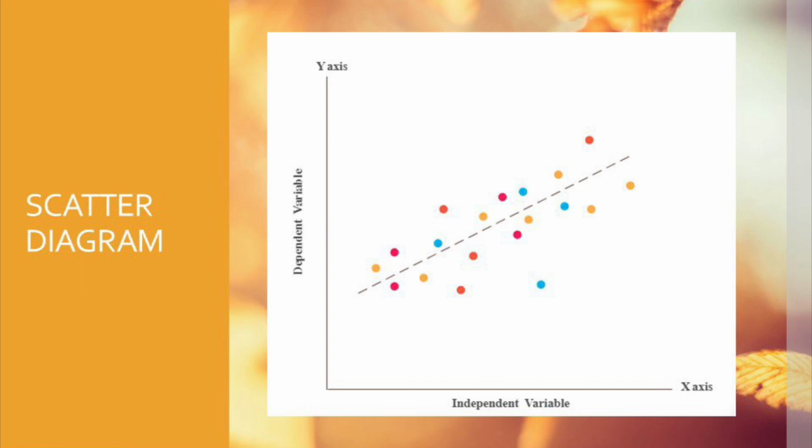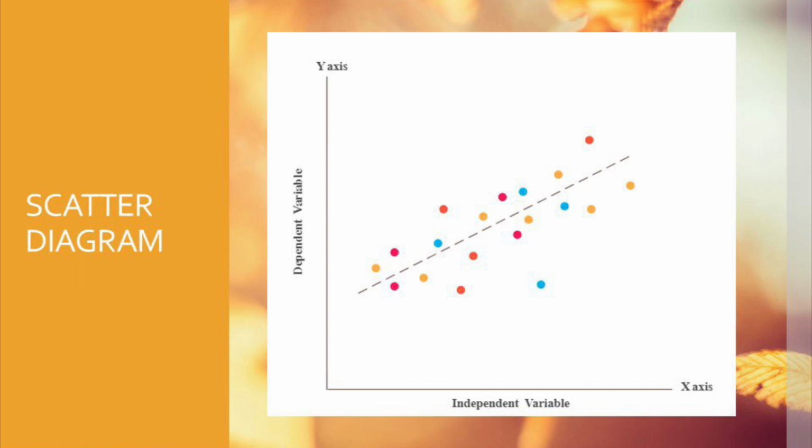And you'll also notice that there's definitely at least one outlier. That blue dot that's remarkably below the other dots would be considered an outlier.